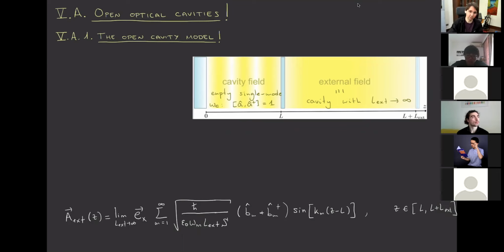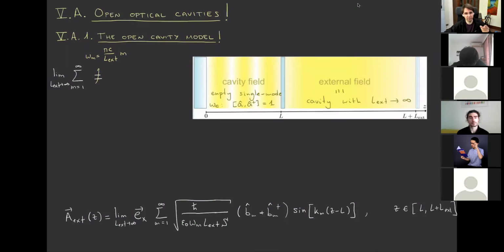So in particular, when we talk about a sum over modes, m to infinity, when we take the limit when L external goes to infinity, then this is equivalent to the following. I remind you now explicitly that the frequencies omega m are nothing but pi c divided by L external times an integer m.